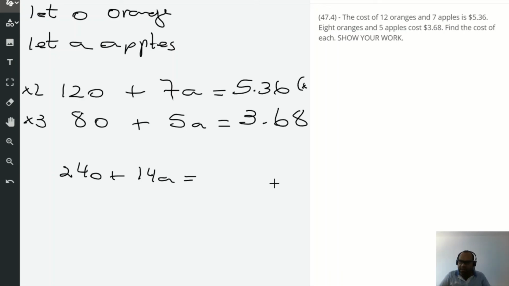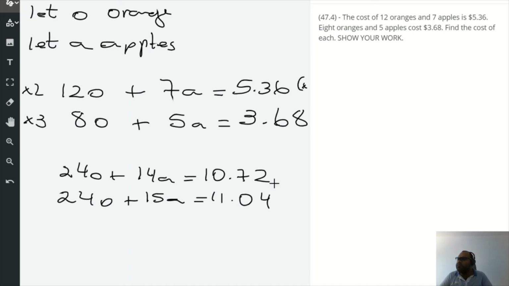Let me get my calculator. 5.36 times 2 is 10.72. And the other one: 24O plus 3 times 5, 15A, equals 3 times 3.68, which is 11.04.